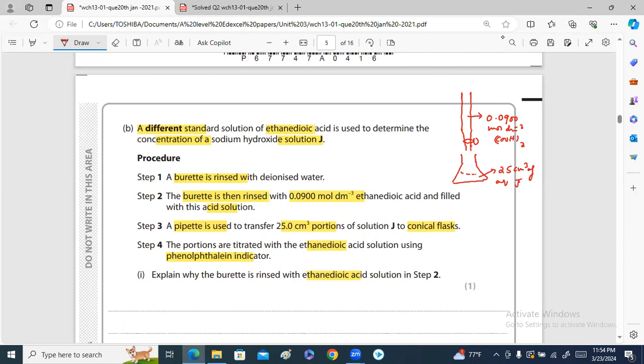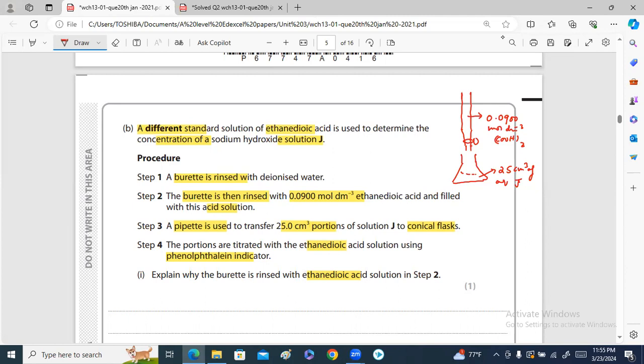Explain why the burette is rinsed with the ethane dioic acid solution in step 2. We're going to take ethane dioic acid in the burette. So before taking ethane dioic acid, this burette was rinsed with ethane dioic acid. We're going to take the solution and we are rinsing with the same solution. Why are we doing that?